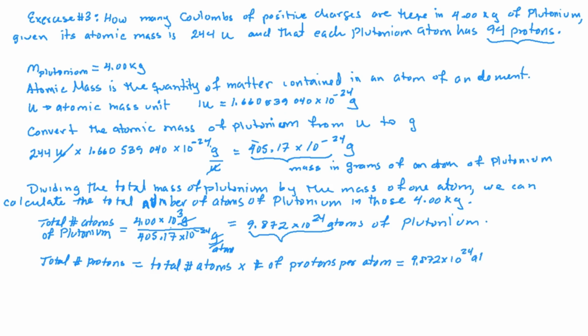Times how many protons per atom? 94 protons per atom. Like that, we can cancel out the atoms, and we find that the total number of protons is 928 times 10 to the 24 protons.